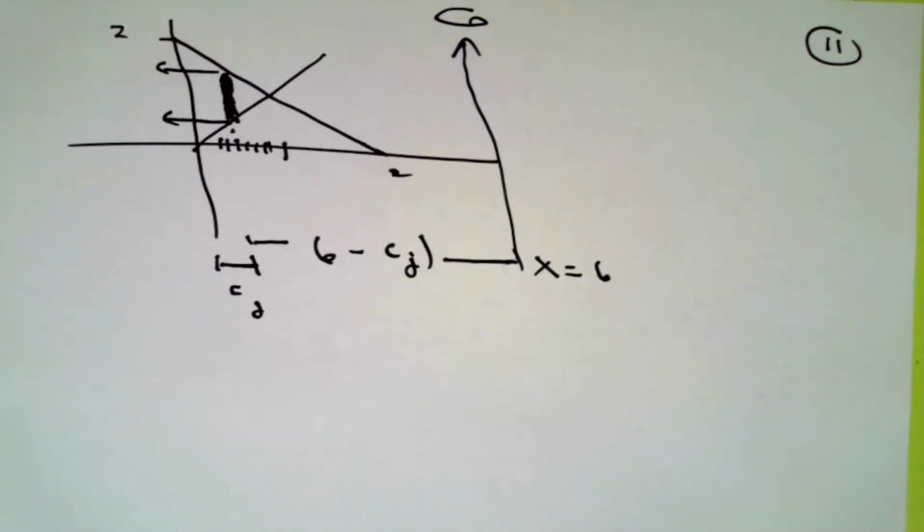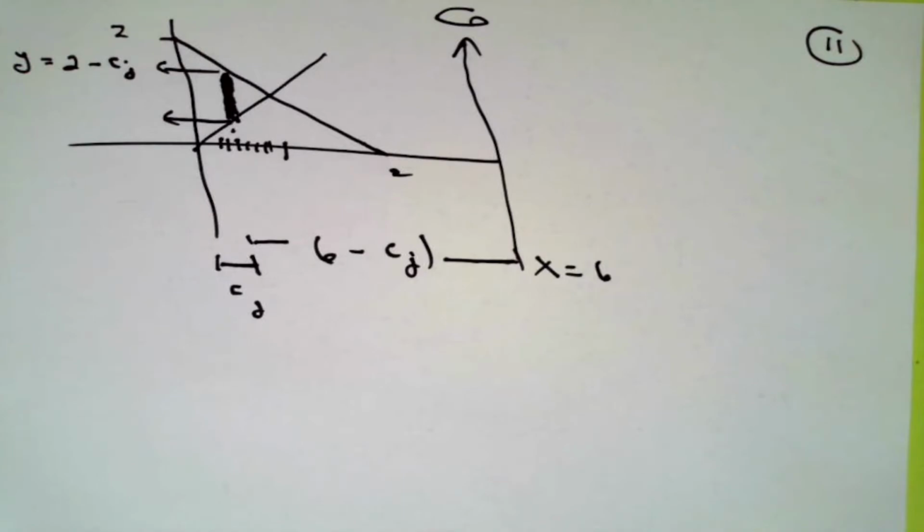To get the vertical height, I'll take the larger y-coordinate and subtract the smaller one. The graph that's above is y equals 2 minus x. If I evaluate that at x equals c_j, I'll have 2 minus c_j. The bottom of the strip is located on the line y equals x.